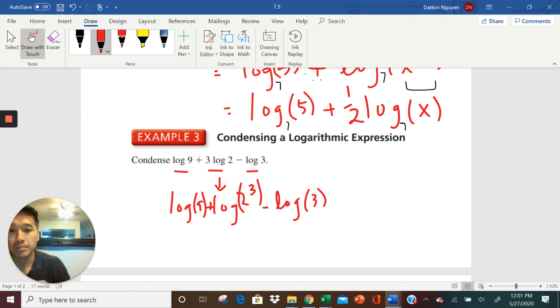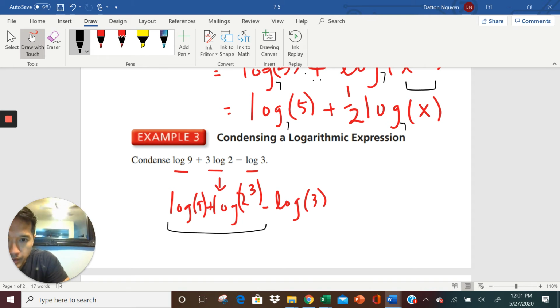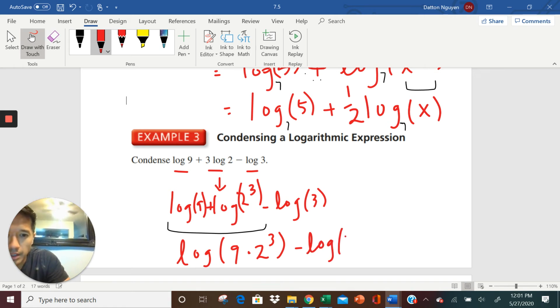Okay? Then I'm going to take care of these 2. Notice there's a plus right there. So that plus means I do log of 9 times 2 to the third power minus log of 3.